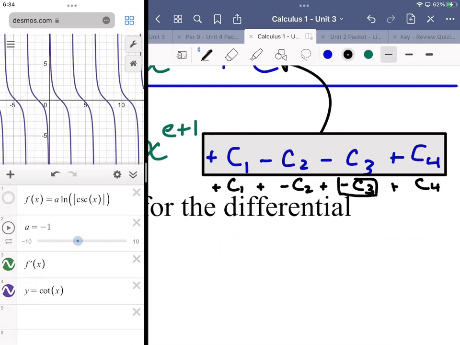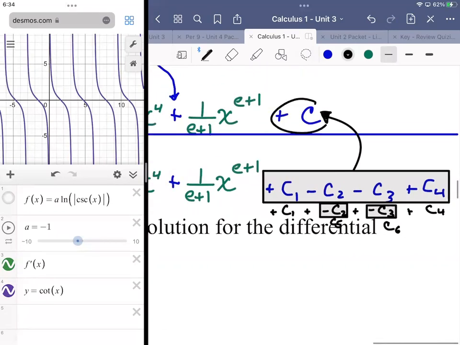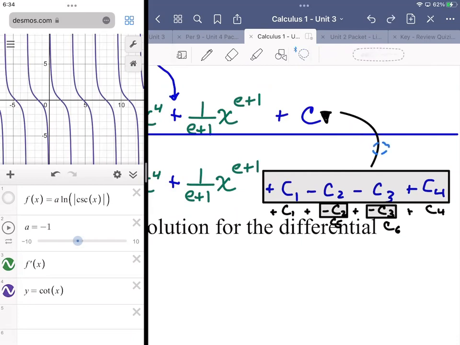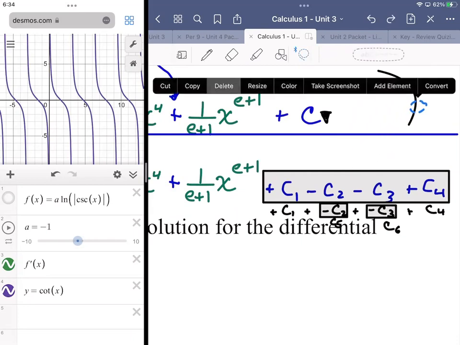But a negative constant is still a constant. So if I wanted to, I could call this C5, and I'll call that one C6, I guess. So I would have the sum of four constants, but ultimately it's still going to give me a singular constant. Right? So, just strange.